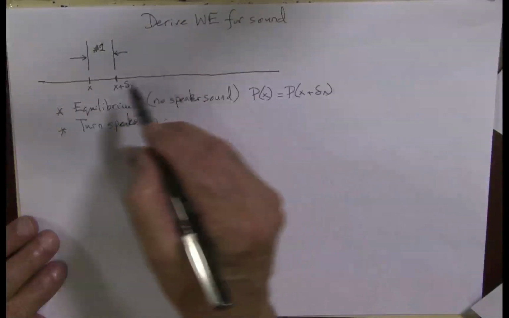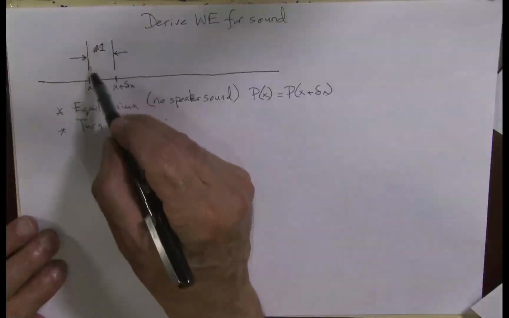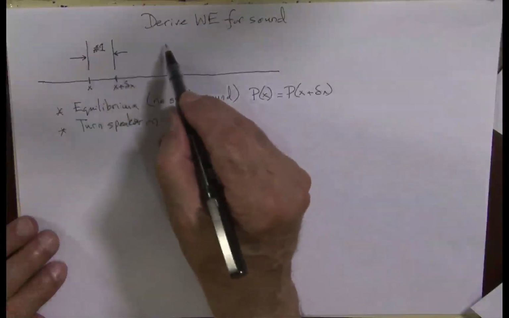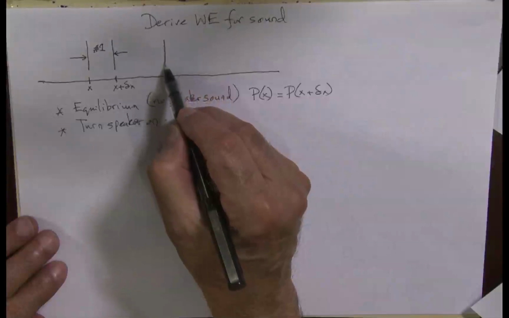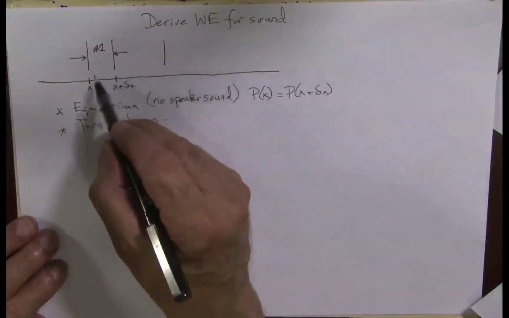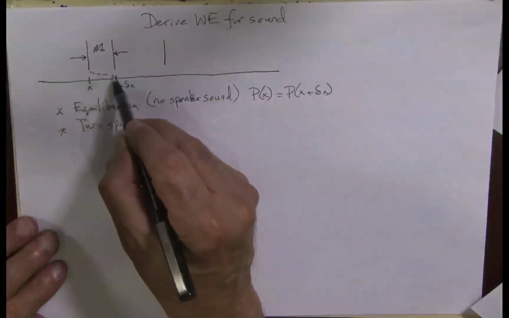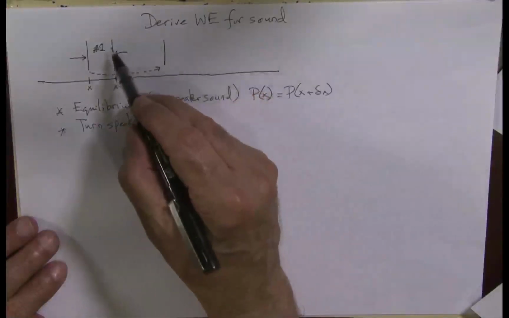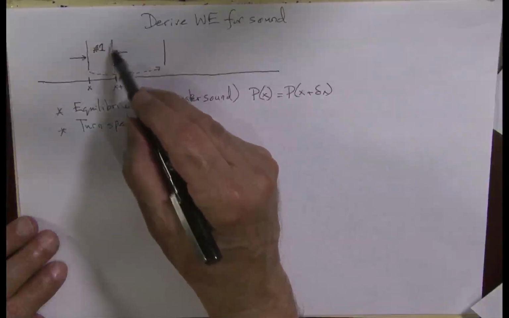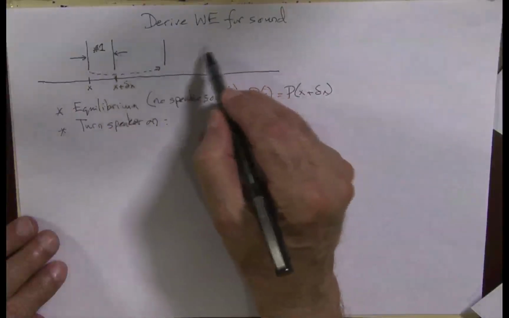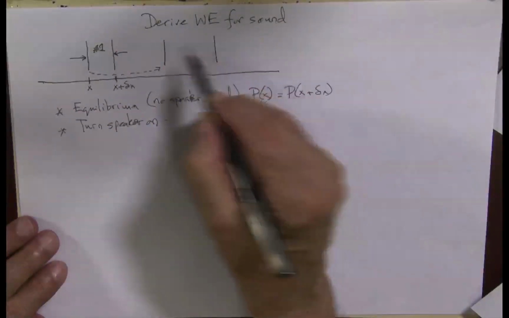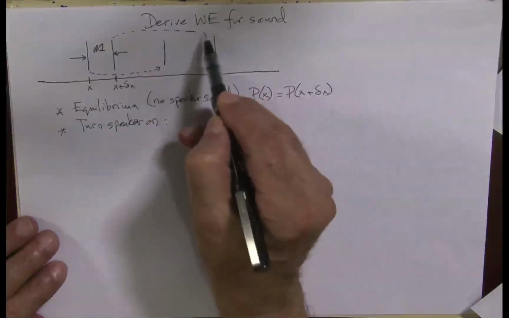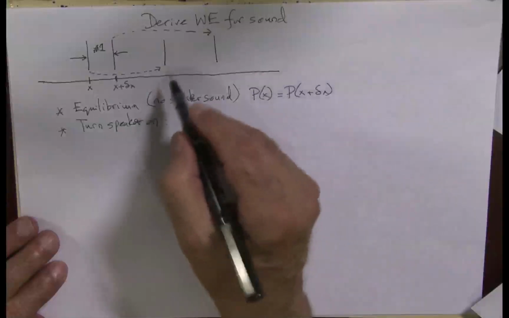Okay, then these atoms, the atoms which are close to this position over here, will move somewhere here like this. So let me draw that in this way. And the atoms that are close to this will move here. And let me draw that here.